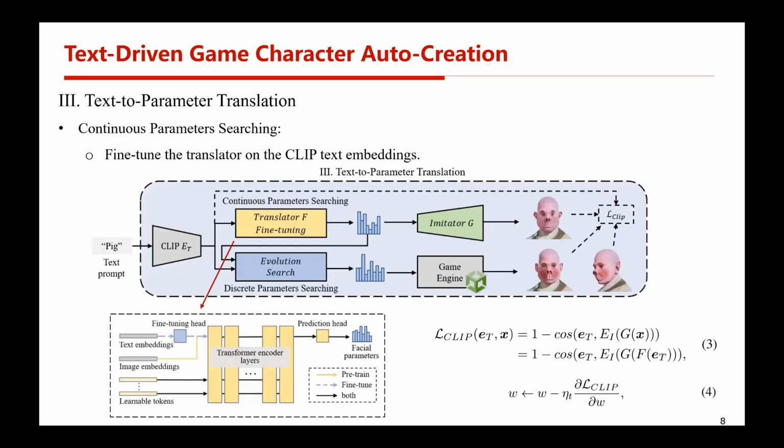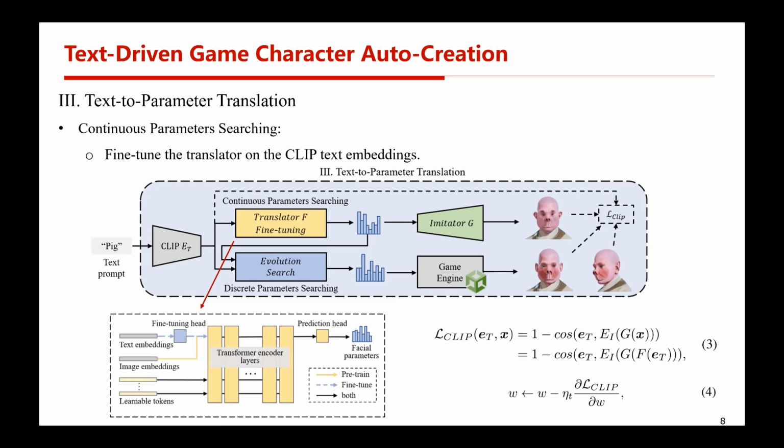At the prediction stage, namely the text-to-parameter translation stage, our method only takes in the text prompt without any image. So the translator needs to have the ability to take in the text embedding to predict facial parameters.